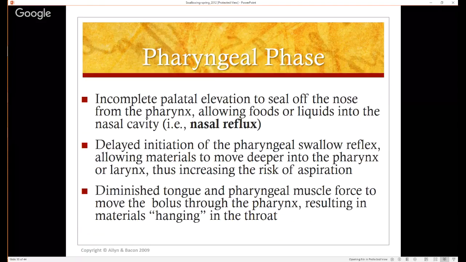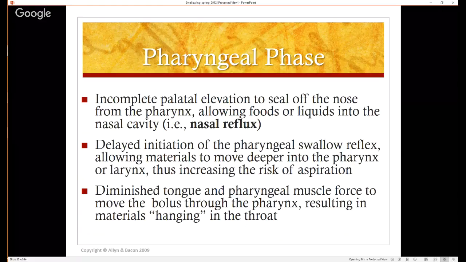Looking at the pharyngeal phase, incomplete palatal elevation to seal off the nose from the pharynx, allowing foods or liquids into the nasal cavity. For example, nasal reflux. Delayed initiation of the pharyngeal swallow reflex, allowing materials to move deeper into the pharynx or larynx, thus increasing the risk of aspiration.